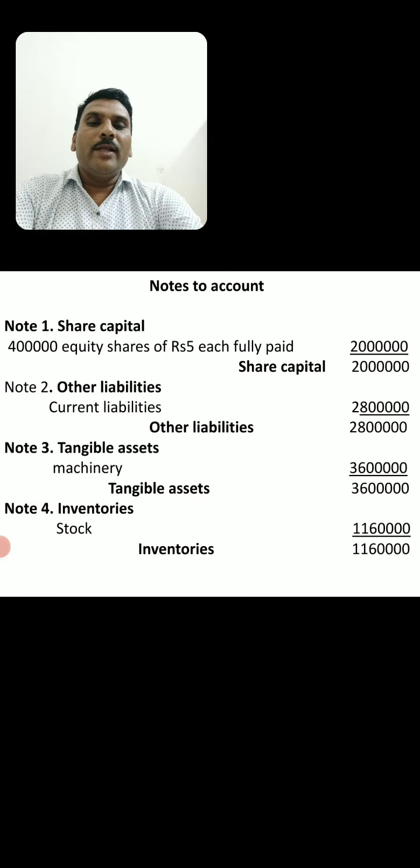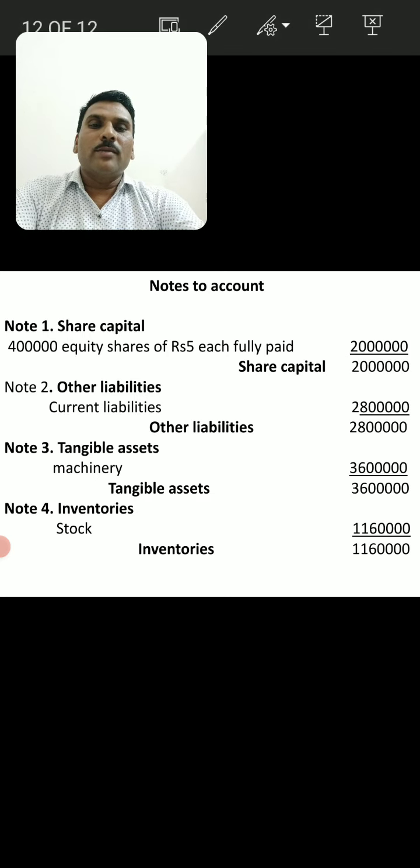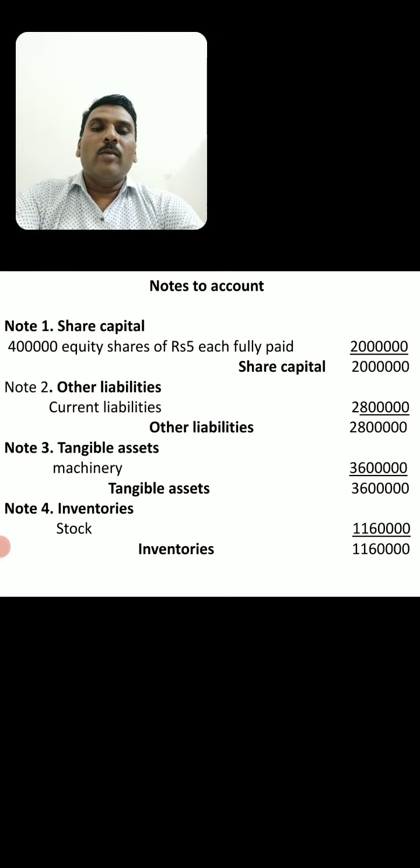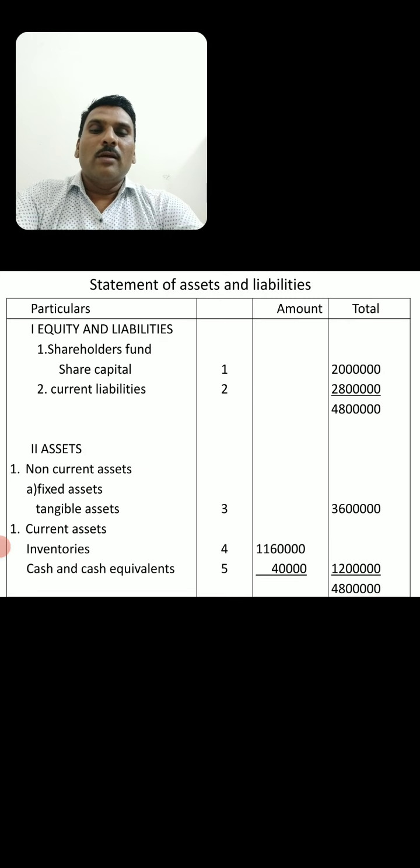So other current liabilities 28 lakh, so the total is 48 lakh, and in tangible assets the machinery value is reduced by 4 lakh by providing 10% depreciation on 40 lakh, and inventory stock was reduced by 4 lakh. The remaining amount, the new reduced balance 11,60,000, is given, and the cash balance is 40,000. So like this, the total asset side is 48 lakh.